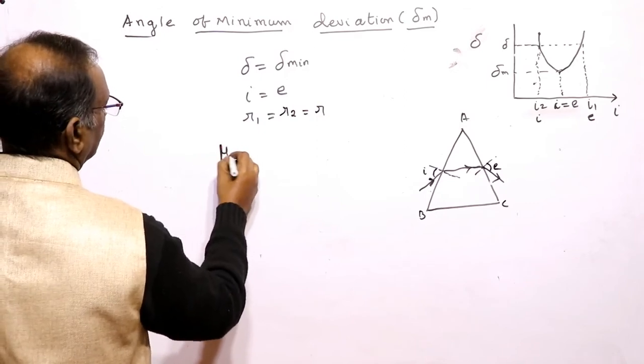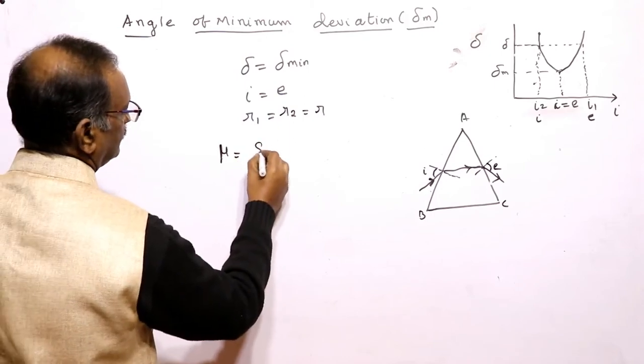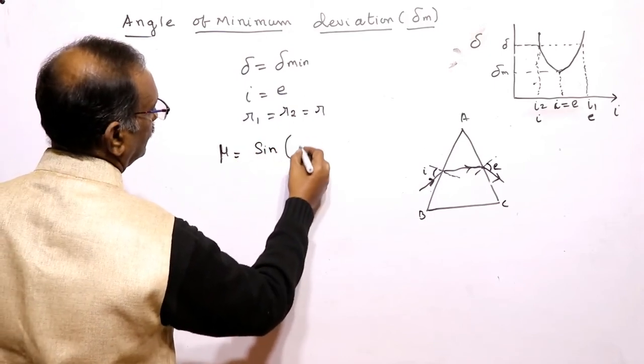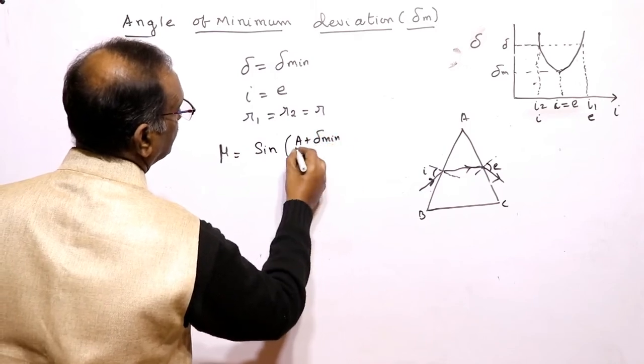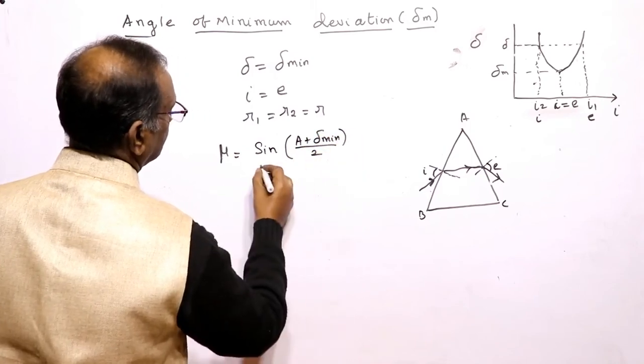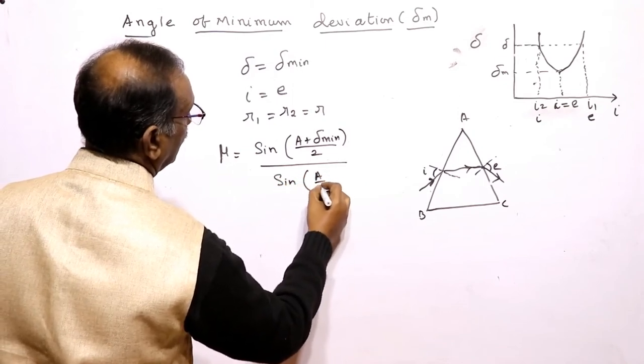The angle of incidence I equals the angle of emergence, and R1 is equal to R2 is equal to R. The refractive index of the prism material is equal to sine of A plus the angle of minimum deviation divided by 2, divided by sine of A, where A is the angle of prism.